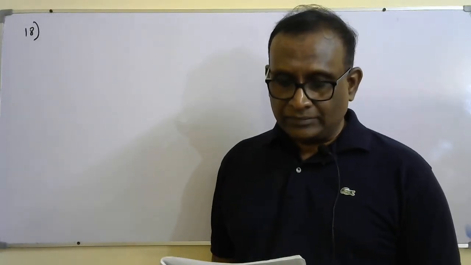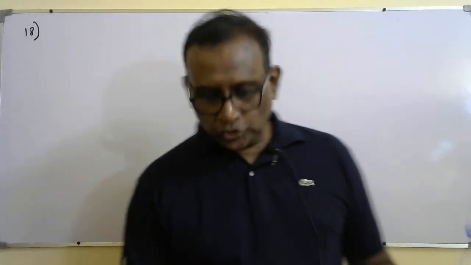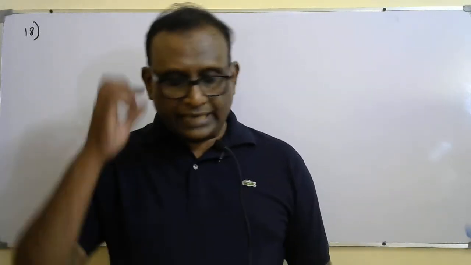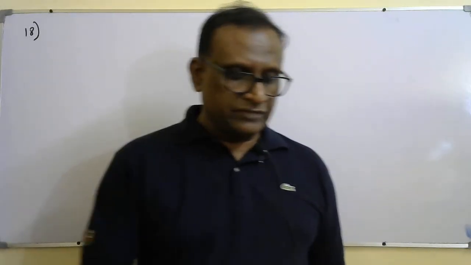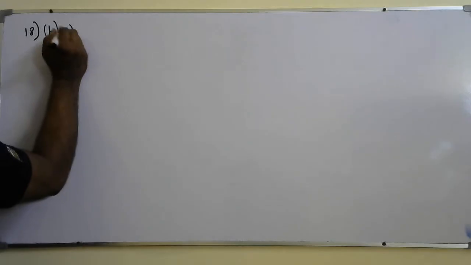Mass of calcium ion is given as 47.95 U. Simply you can do that. Question 18, part B, second part.